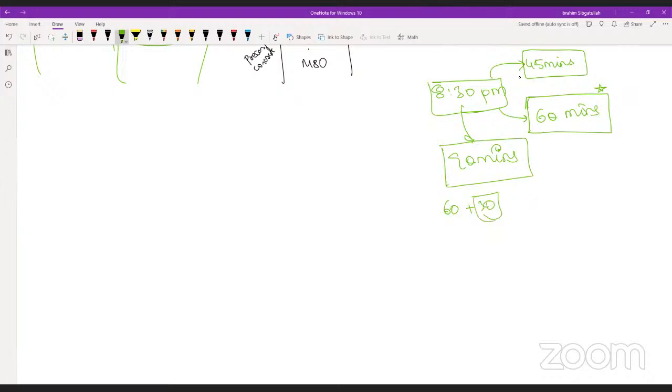Before ending the class, I will guide you how you can do these remaining 30 minutes on your own. If you're able to, that's well and good. If not, the next day I will solve the problem in the class itself. We will be covering all the units, and if time permits, solve the question papers as well.